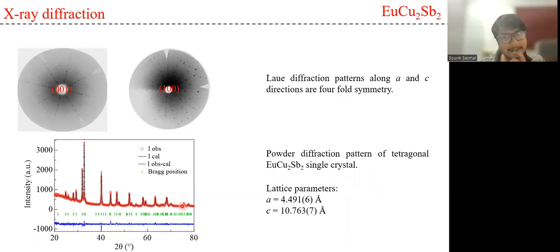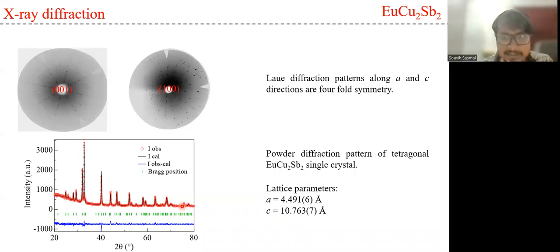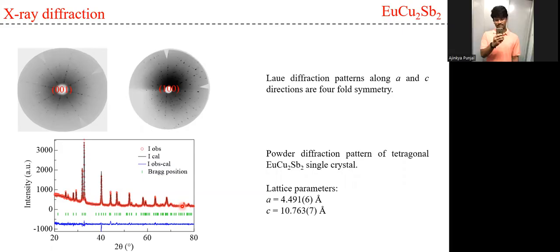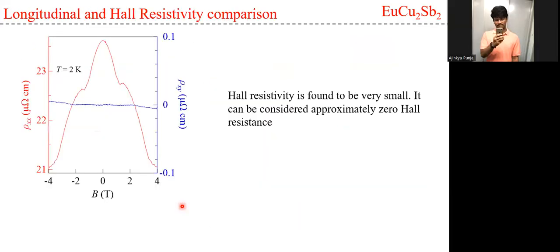Above 5.1K, is it ferromagnetic? No, it's paramagnetic. This material will be very interesting for spintronic applications. We can discuss this later.